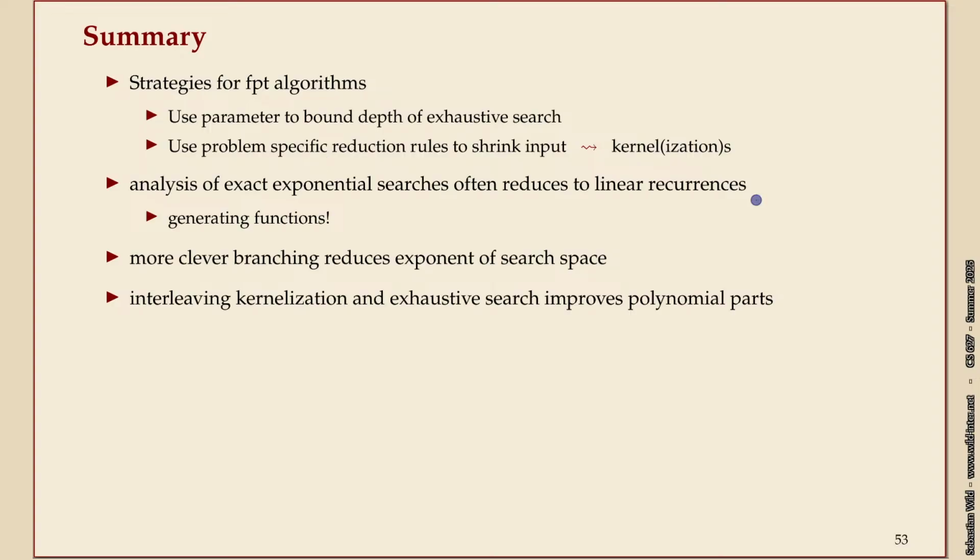And we've seen how we can analyze the resulting algorithms. Now again, generating functions are pretty cool, but if you don't love them just as much as I do, you can use the black box theorems, and all you really need is the characteristic polynomial. And interleaving kind of gives this last twist that really the exponential search is all there is in terms of the dominant cost.